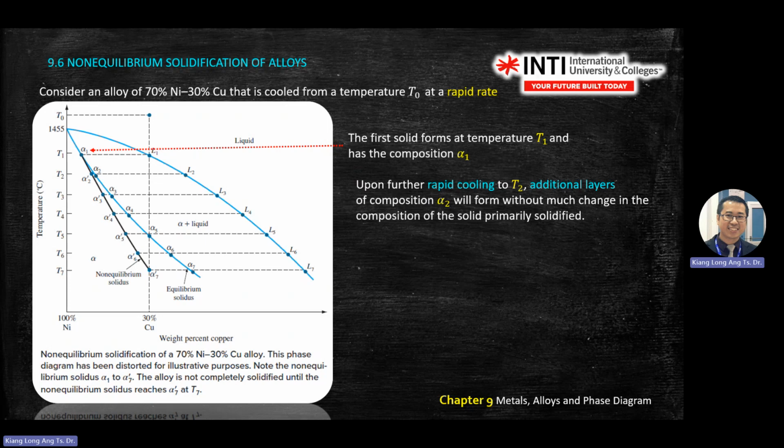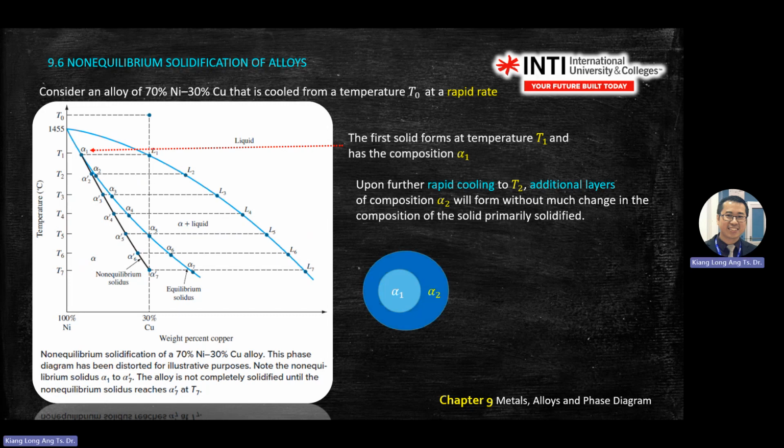So an additional layer of composition, alpha 2, will be formed without changing much in the composition of the solid or primary solidificate. So when you drop temperature from 1455 to T1, which is below 1455, you start to form alpha 1. So we just simplify the diagram with one sphere, alpha 1.